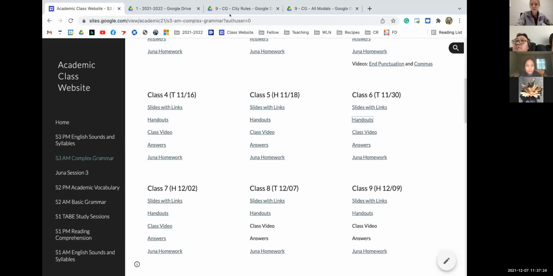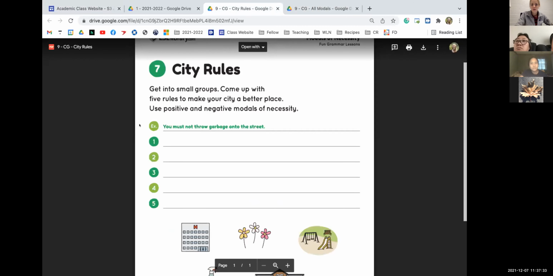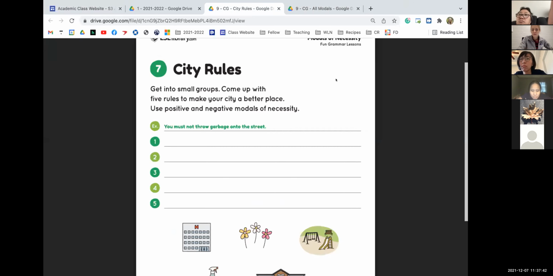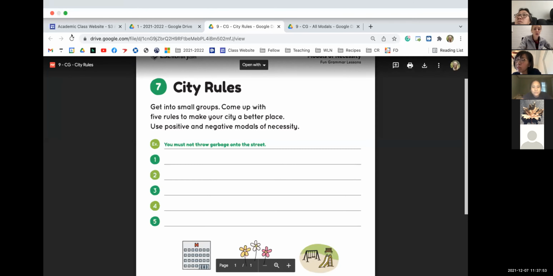We will take a couple of seconds for the other students to join, and then we will move on. Okay, so I got to hear some different rules for creating a better community and a better city.